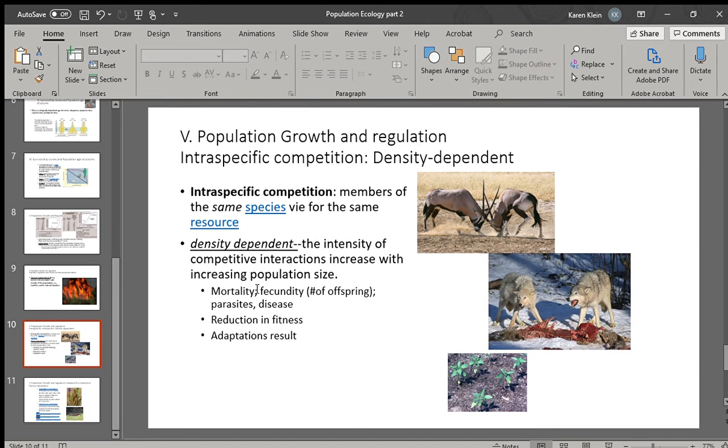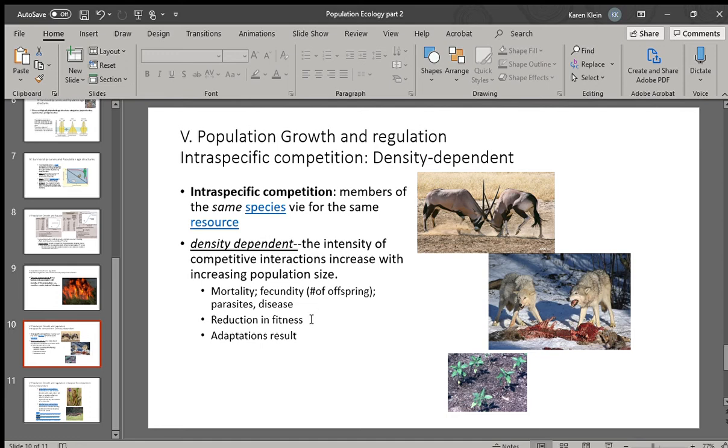The density can affect, for instance, how easily disease and parasites spread, which would reduce the population when you have more of them. When you have fewer individuals, this is less likely to happen. The number of offspring, we call that fecundity. When there are more individuals, there are fewer resources.